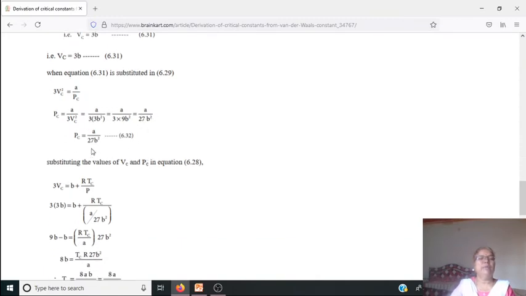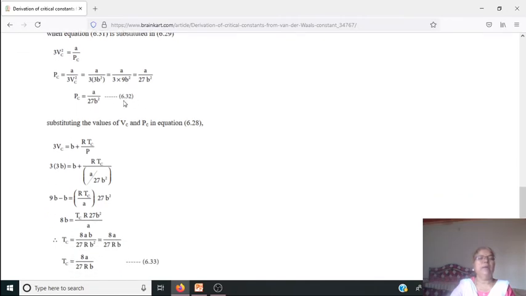And from this equation we can have the value of Pc. Okay, this value of Pc is equal to A upon 27B square.